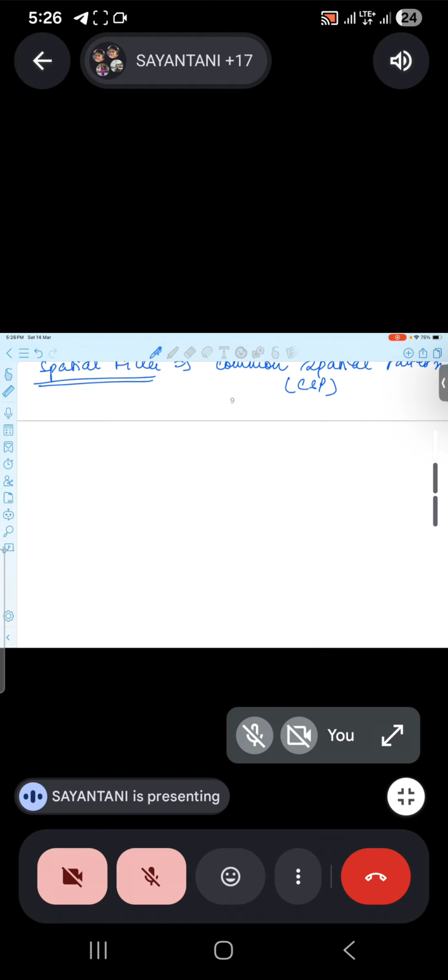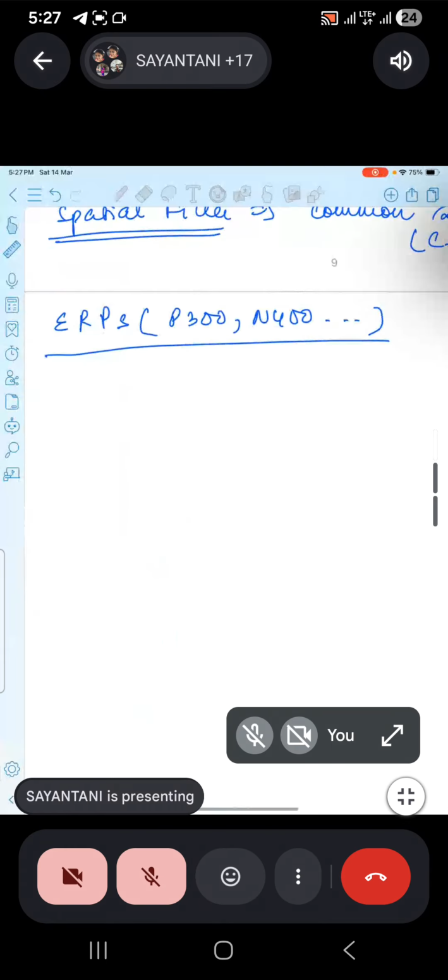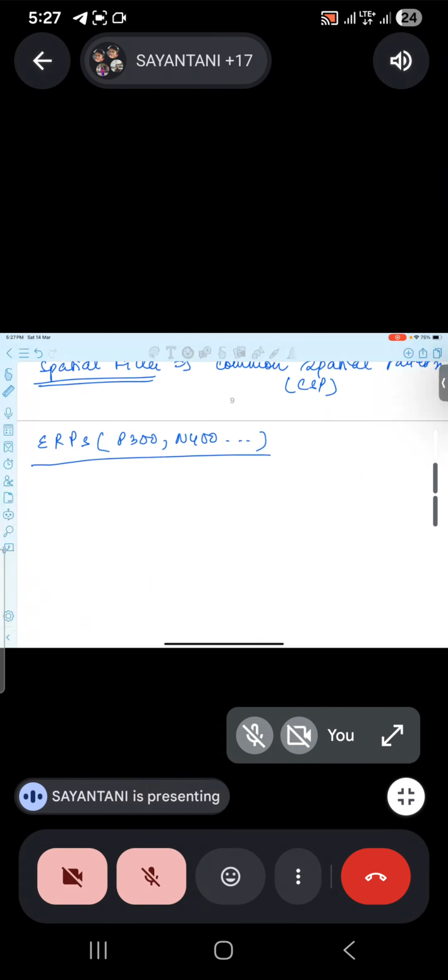But we had also another type of BCI responses, that is event related potentials, ERPs, under which we had P300, N400 and so on, right? So these are time domain based potentials or time domain based signals. For that we are going to utilize time domain based features like the Hjorth parameters and the autoregressive parameters.